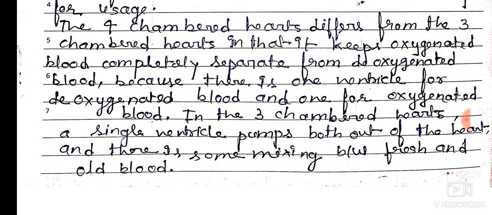In three chambered hearts, a single ventricle pumps both out of the heart and there is some mixing between the fresh and old blood. तो बेसिकली जो मिक्सिंग होती है वो जो 3 चैम्बर्ड हार्ट होता है रेप्टाइल्स एंड एम्फीबियंस में होता है, बट इन मैमल्स इसमें क्या होता है कि जो मिक्सिंग नहीं हो पाती बिकॉज देयर इज लेफ्ट एंड राइट वेंट्रिकल, देयर आर 2 वेंट्रिकल.